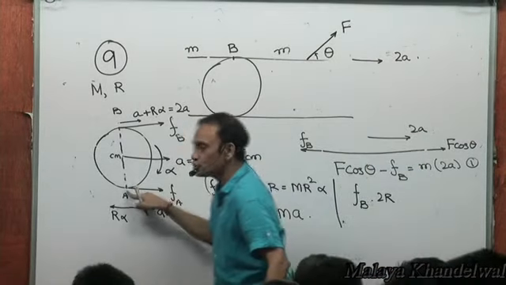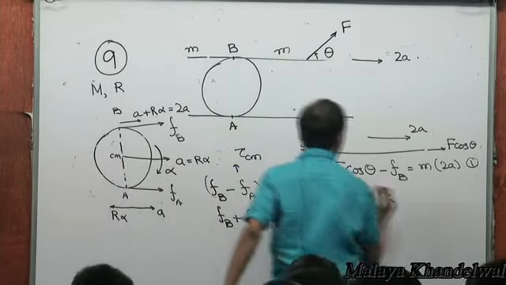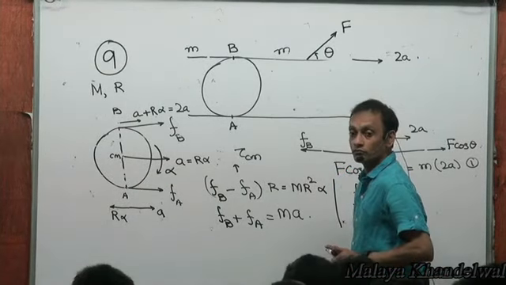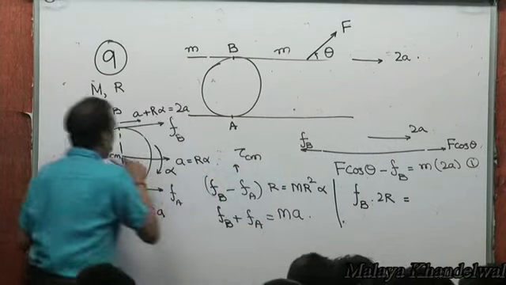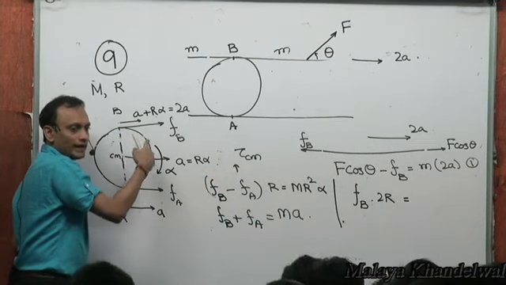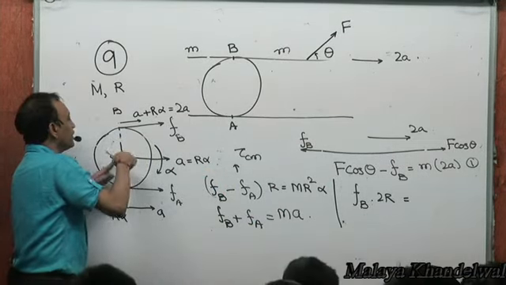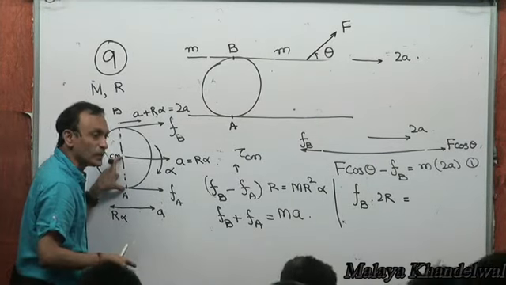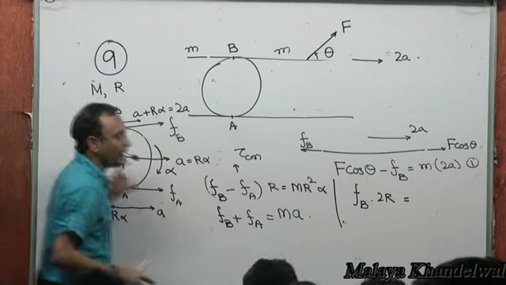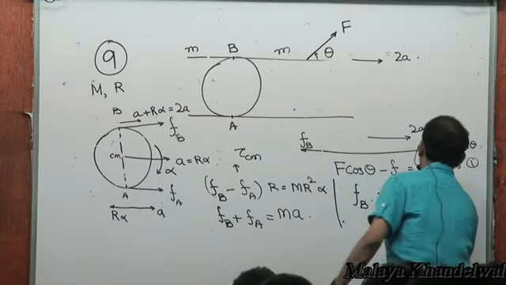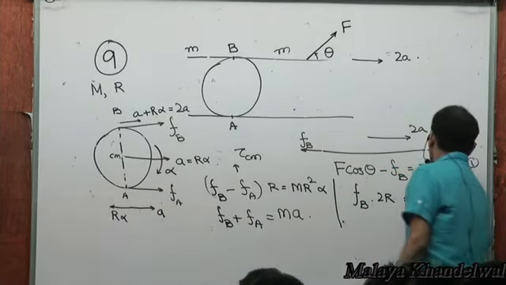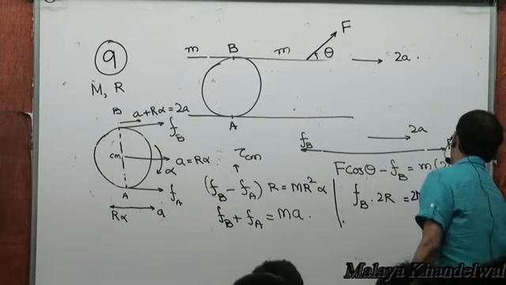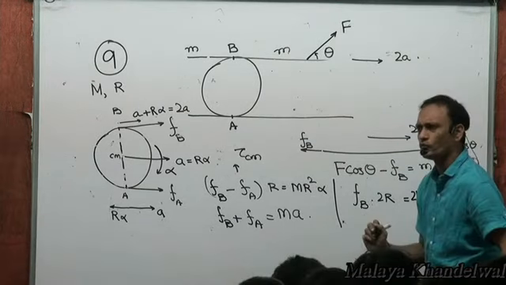FB into 2R is the clockwise torque about A. That must be I about A. What's I about A for the hollow cylinder? For a hollow cylinder, I about the CM is MR squared. From the parallel axis theorem, add another MR squared, so 2MR squared, right? So FB into 2R is 2MR squared into angular acceleration alpha. Yes or no?